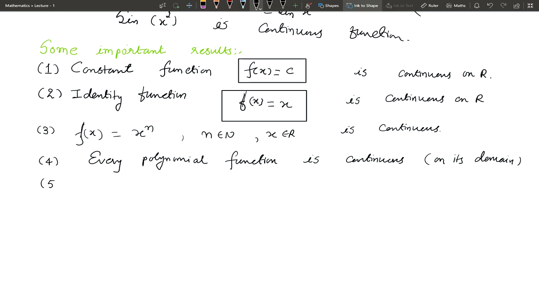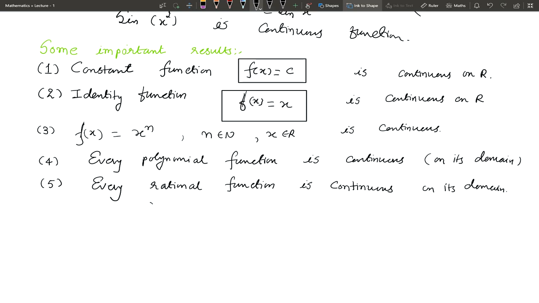Fifth, every rational function is continuous on its domain.